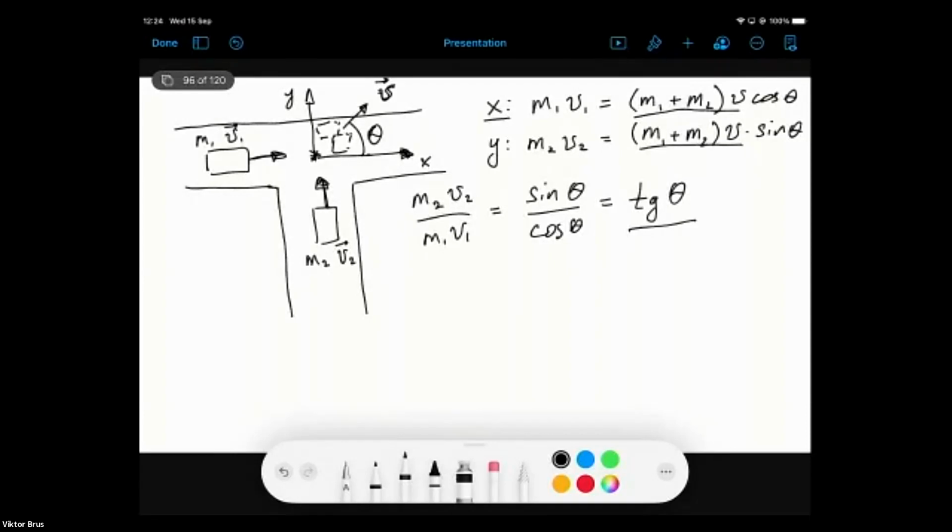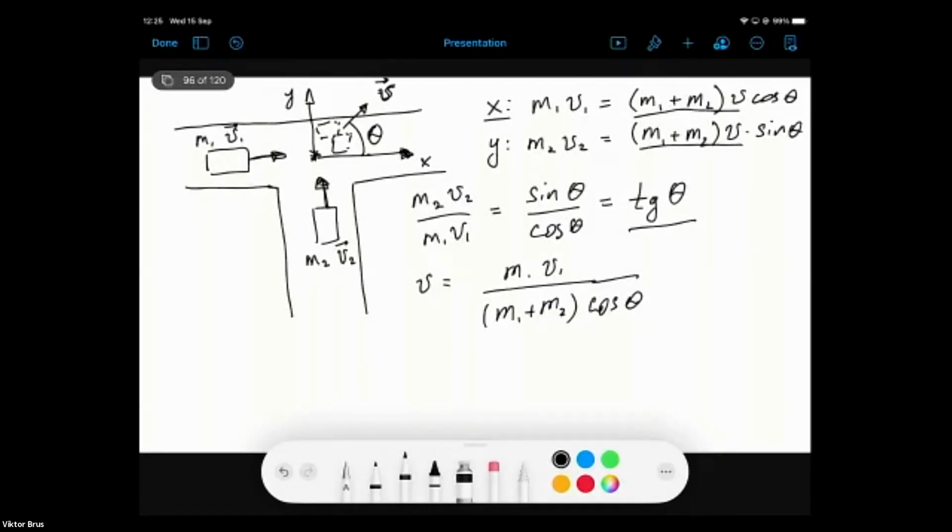Since we already know theta, we can substitute it into, for instance, the first equation and express this velocity: v equals m1 times v1 divided by (m1 plus m2) times cosine theta. So this is an example of considering a case of perfectly inelastic collision in two-dimensional space.